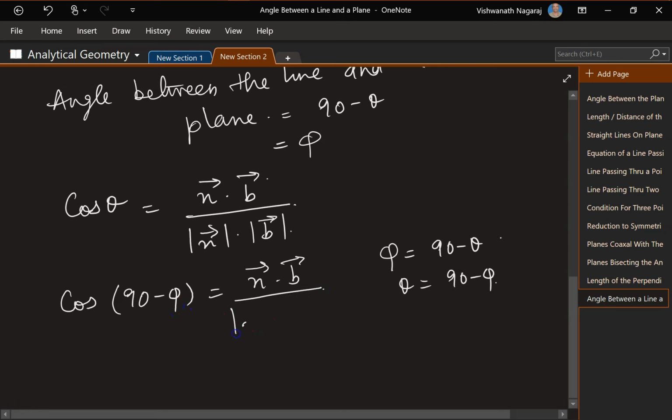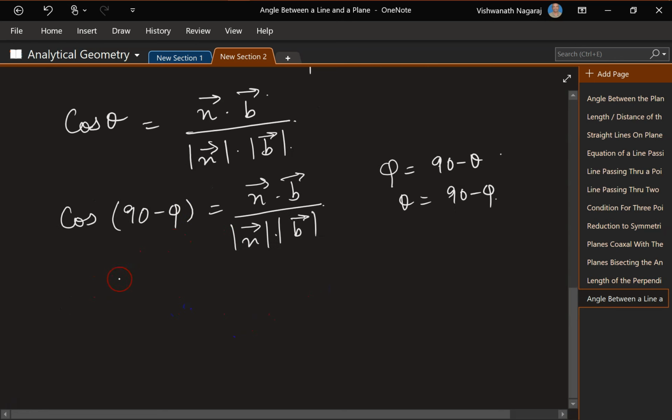Now cos of pi by 2 minus phi is sin phi.